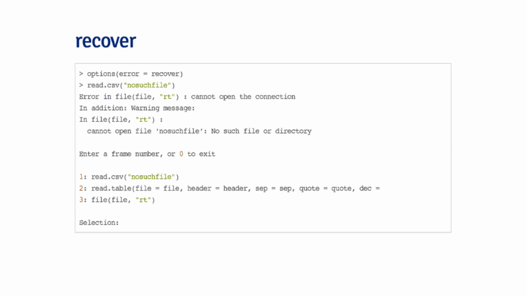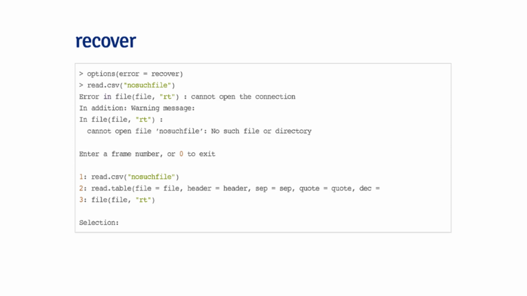Remember, read.csv is just an equivalent for read.table. So read.csv called read.table, and then read.table called the file function because we wanted to create a file connection with my file, no such file. When it tried to create that file connection, obviously it couldn't find the file, and that's where the error occurred, at the third level in the function call stack.